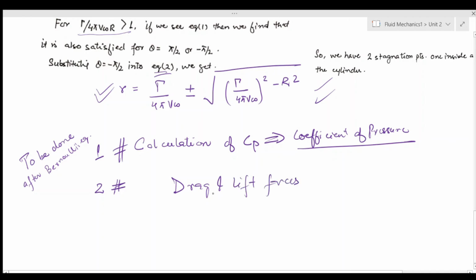So these are the two very short topics which I would cover after unit 3. So overall this finishes our unit 2. If you have any queries or questions or confusions or suggestions, then it's time for that now.